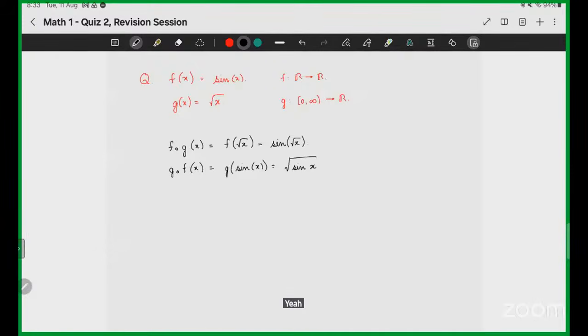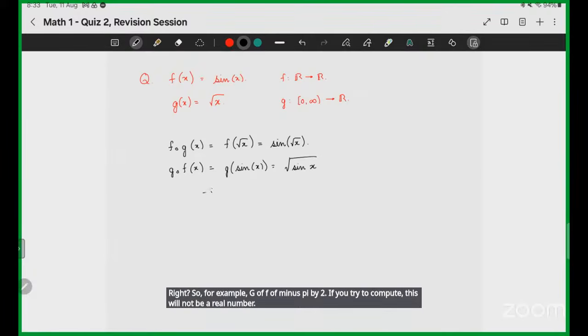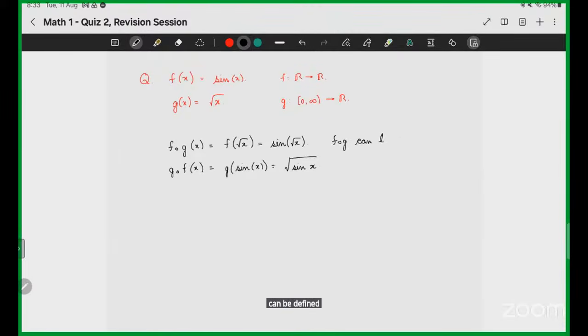So for example, g of f of minus pi by 2, if you try to compute, this will not be a real number. So this cannot be defined. So f of g can be defined, but g of f cannot be defined as it is.